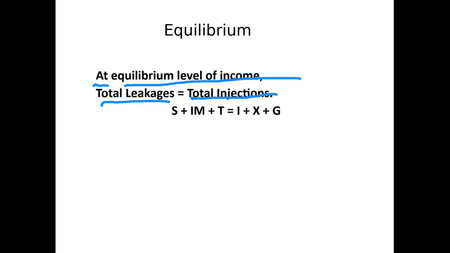These are notations that we are going to use. S stands for savings, IM is imports, T taxes, I investment, X exports, G government expenditures. Notice here, I just deleted the transfer payment. Just for simplicity, I'm assuming that transfer payment equals 0. Okay.